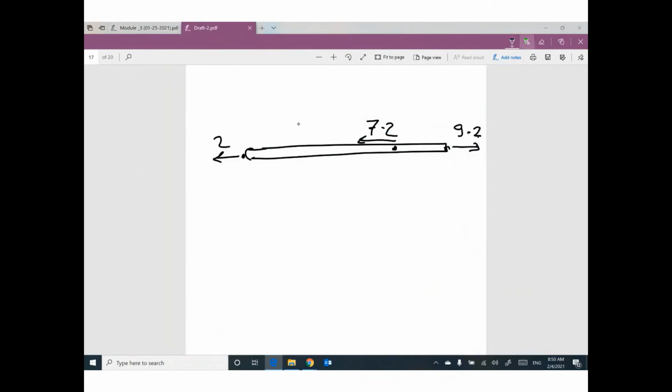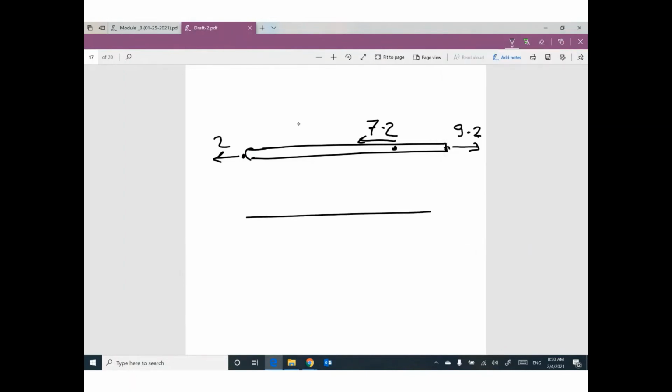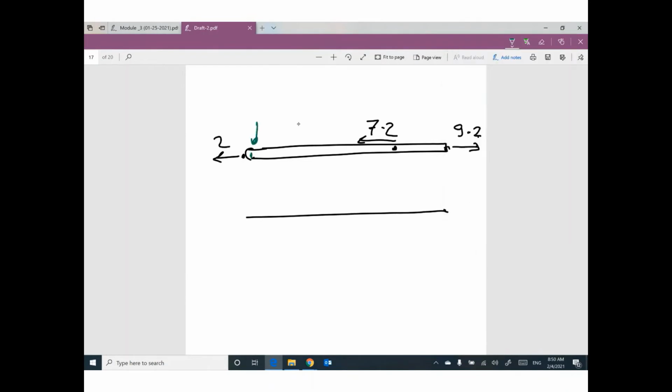And we need to draw axial force. So I decided to start from left. You have a force here? Yes. How much? 2. My question is very simple. This 2, pulling or pushing? This 2 is pulling, so it's a tension, so it's positive.